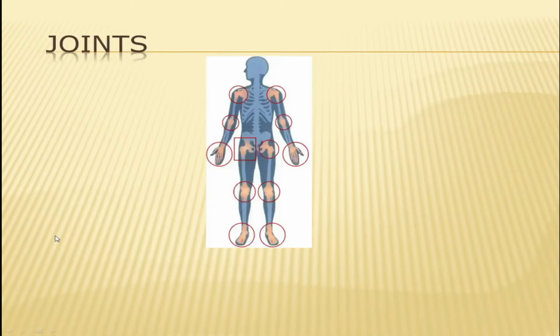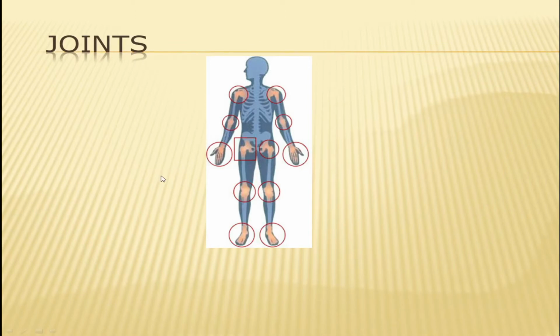Before we start today's lesson, let's look at this picture. What is it? Yes, it is the structure of the human body. What are shown with these red circles? Yes, they are the joints of the body.